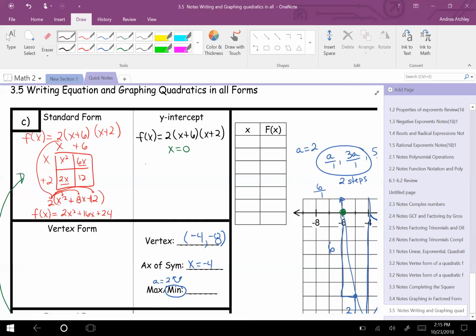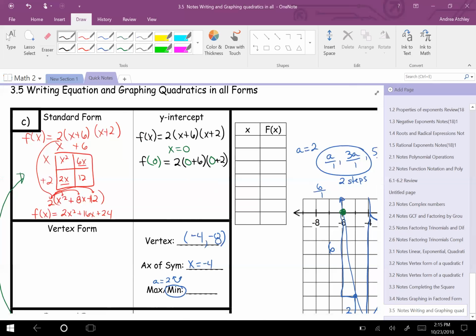So I'm going to have f of 0 equals 2 times x plus 0 times, oh, what did I do wrong? I'm putting the wrong thing. I substituted in 0 for 6 instead of x. It's going to be 0 plus 6. And then 0 plus 2. Sorry about that, guys.